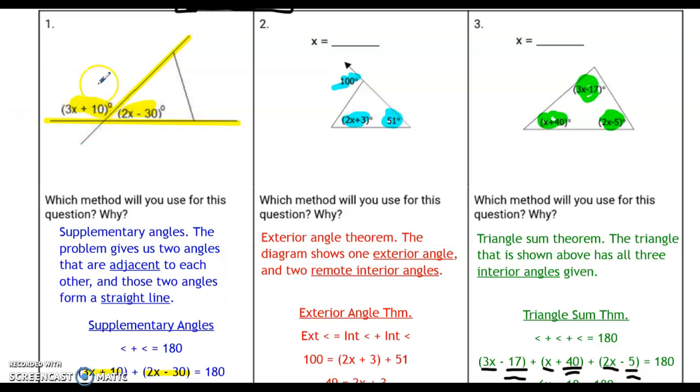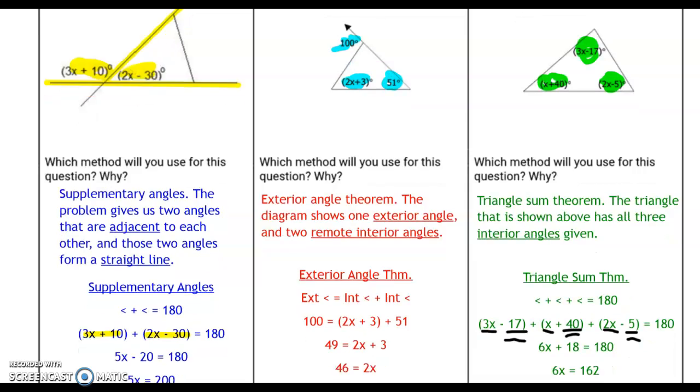And even though there's an exterior angle here, I wasn't given remote interior angles. I was given the interior angle that was right next to it. So anytime you have 2 angles that create a line, those 2 angles are going to be supplementary. Fairly straightforward stuff as long as you are able to identify what's going on.